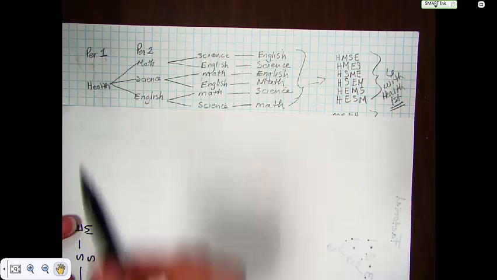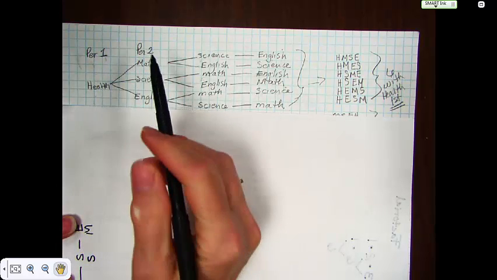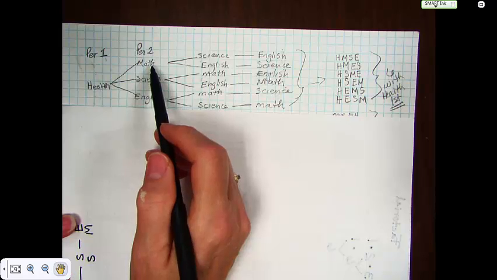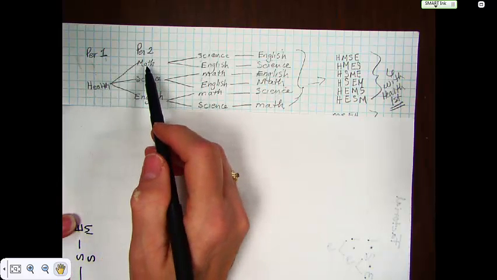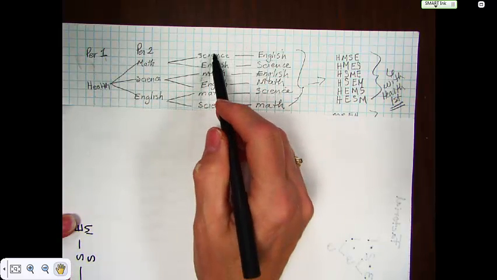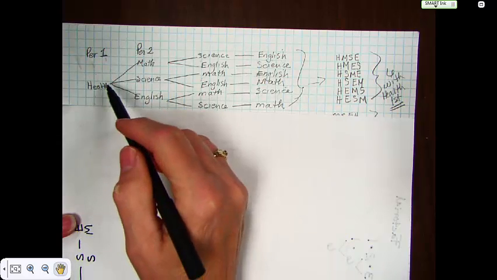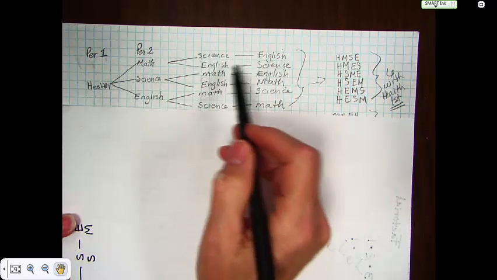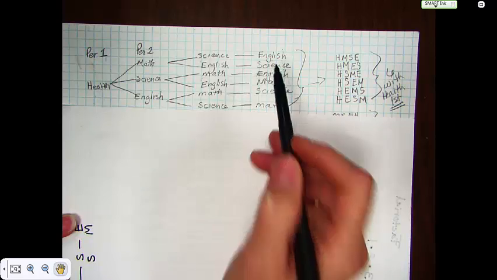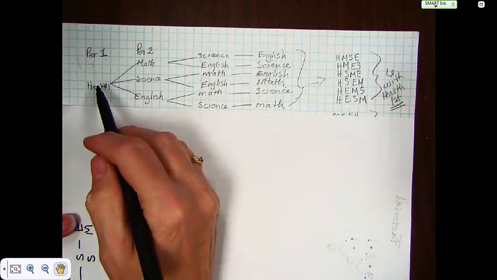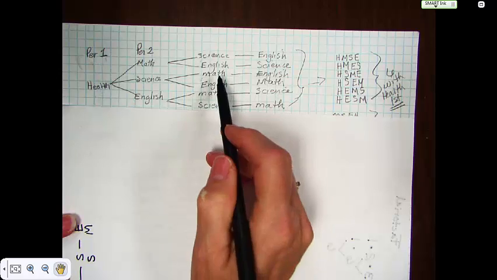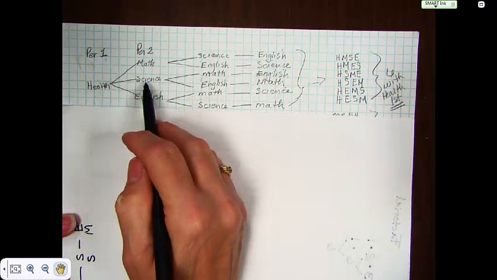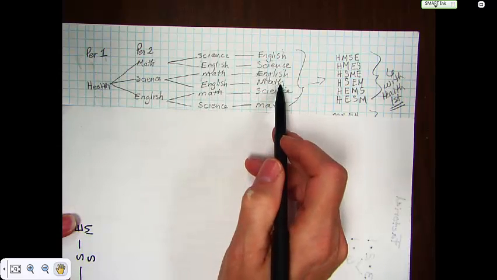We start with health, then we have math. Now, with health and math, you could have science and English. With health and math, you could have English and science. With health, you could have science and then math and English, or science and English and math.